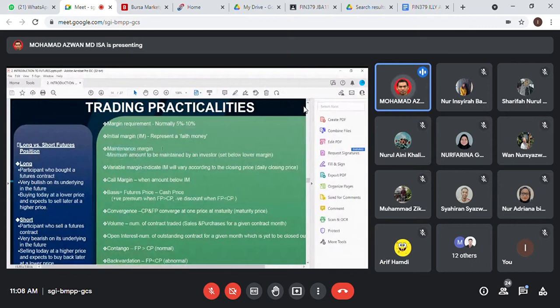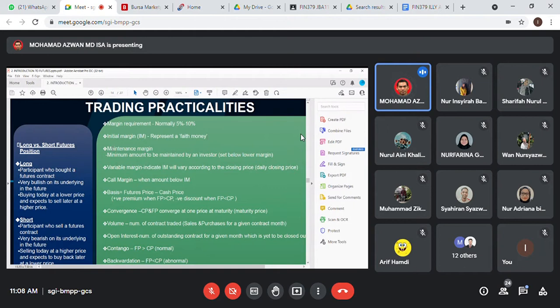For example, the total contract value is 100,000, and you start trading. Let's say you pay initial margin 10,000. So you pay 10,000 to start the trading.